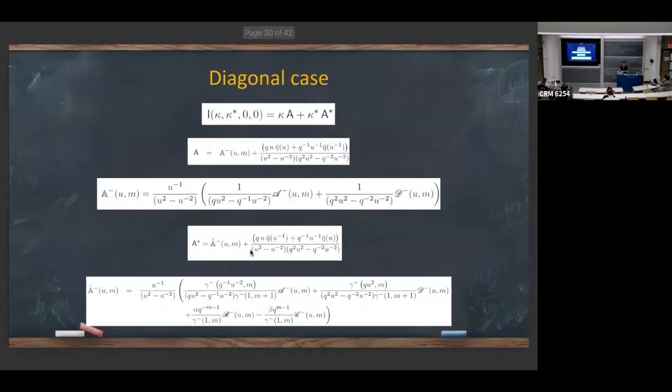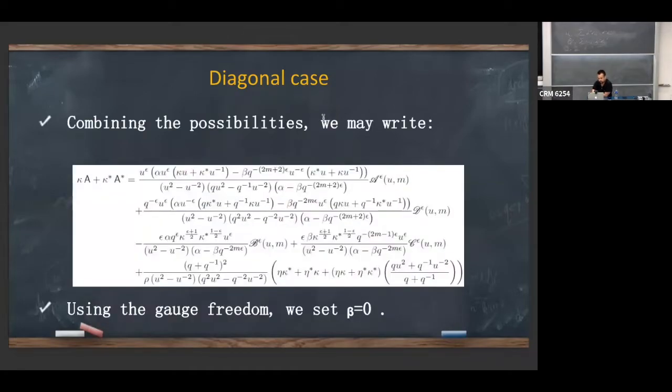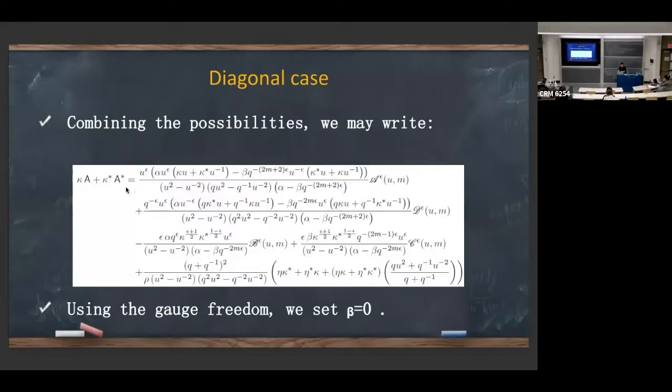And so let me move now to the diagonal case. In the diagonal case, we have A and A star. And what happens now is that we can no longer express this, because now we have a mixture, and we can no longer express A and this sum only in terms of A and D. I put the expression here, and you can see that now it involves all of them: A, D, B and C, and also a constant term.